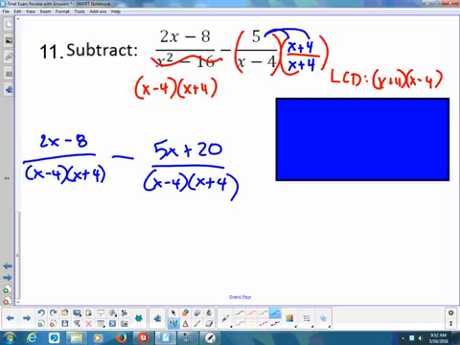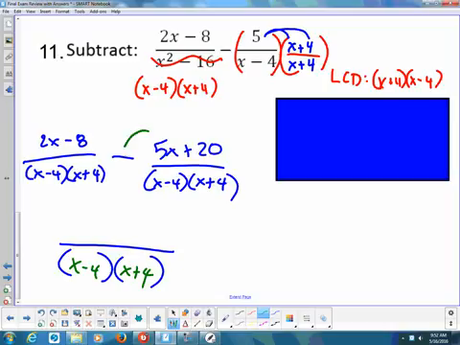We can just add the numerators together, keep that same denominator. But bad news, maybe not that bad, but we do have a minus, so we do need to remember to distribute that negative to both of these. So I'm going to have 2x minus 8 minus 5x and then minus the 20. Are we okay with this?